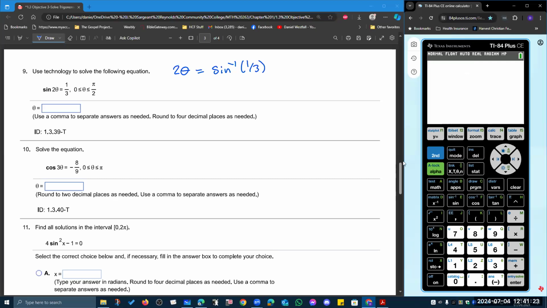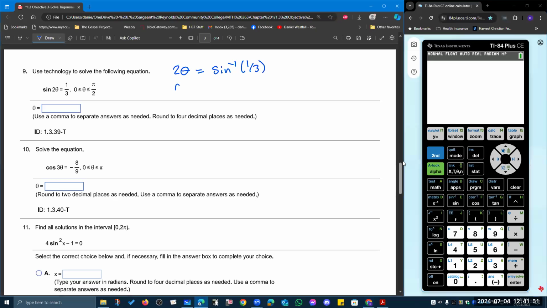And then, the sine value was positive, and I should still keep a positive sine value here. I should be in quadrant 1, so I'm just dealing with the principal value here.